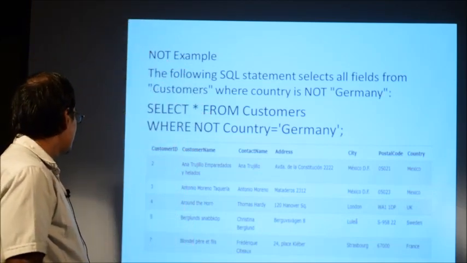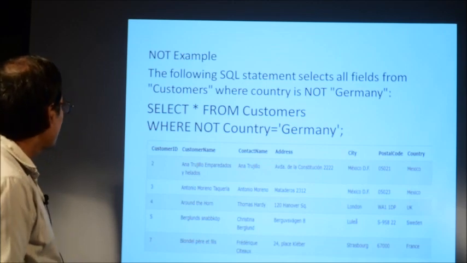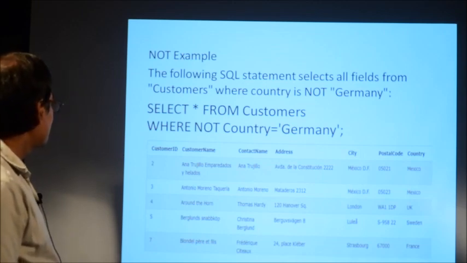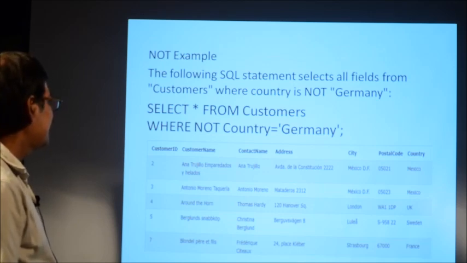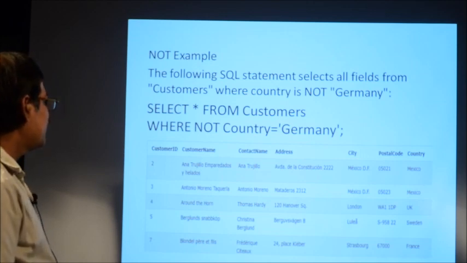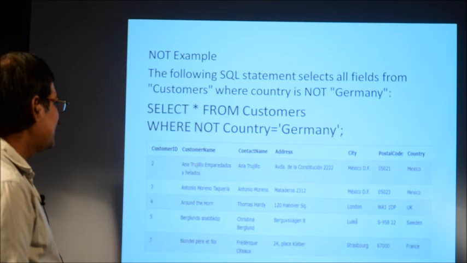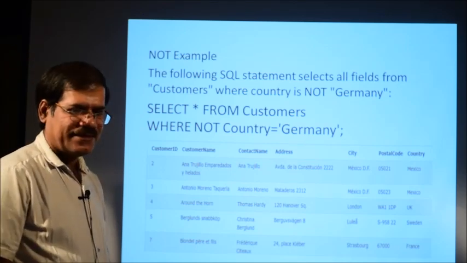So, there are 1, 2, 3, 4, 5 records selected from the table: ID 2, ID 3, ID 4, ID 5 and 7. Look, in all these 5 records the country name is not Germany: Mexico, the second one is also Mexico, the third one is UK, the fourth one is Sweden and the last one is France.